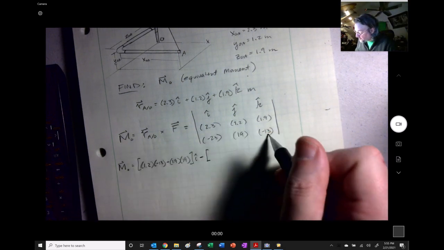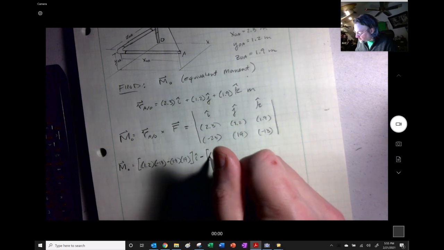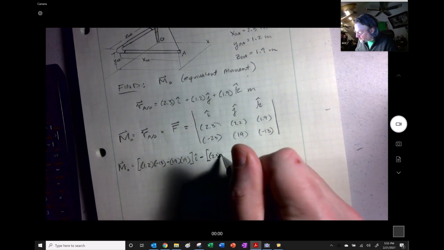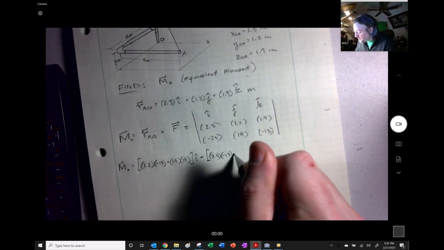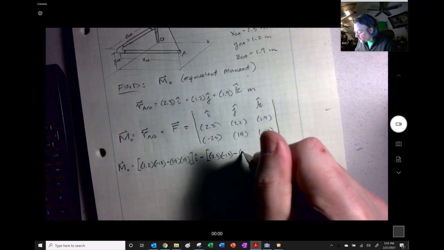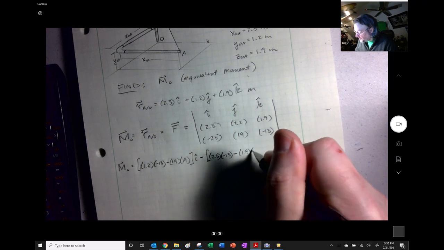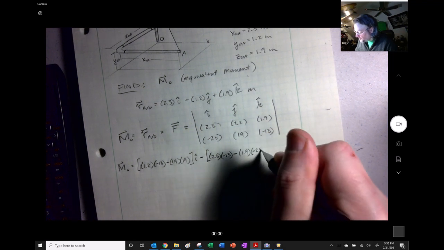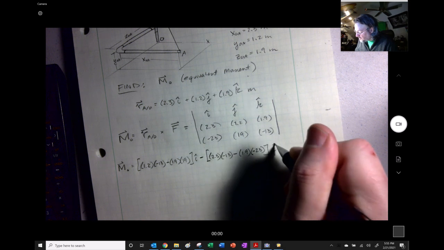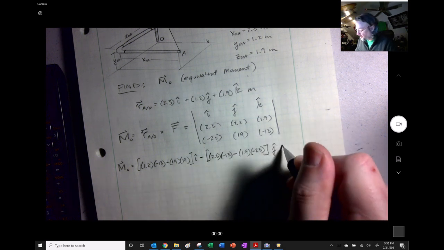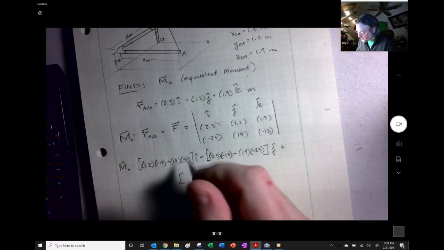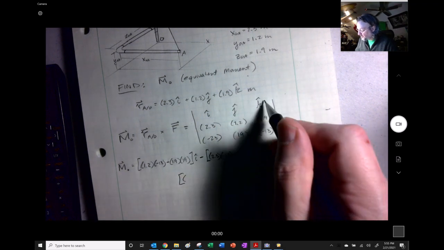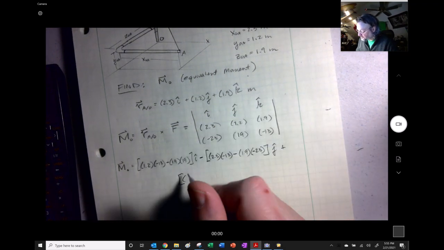All right, now we're going to do this one, that, and that one to that, right? So 2.3 and a minus 13, and now we go 1.9 and 23, and there's J, and I couldn't fit it all onto one line. So I'm going to come down to the next line here, and now we're going to take this crossed with that.